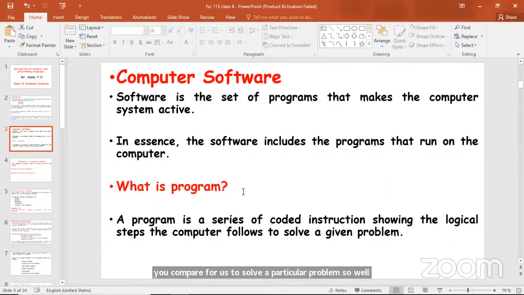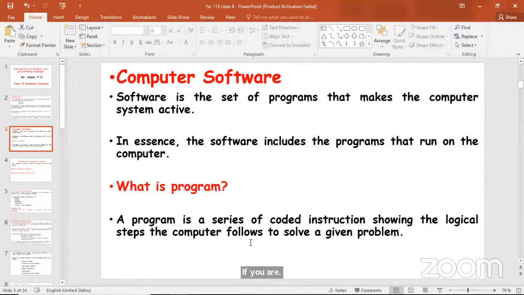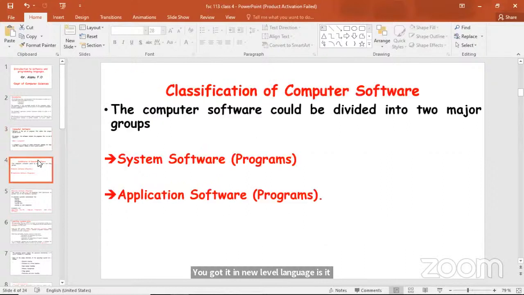So when we say you write a program in low-level language or in high-level language, you are only writing a series of coded instructions. Now, once you write it in high-level language, that means you are writing it in words that we can easily read and understand. In English readable format. If you are writing it in low-level language, it is a series of zeros and ones.